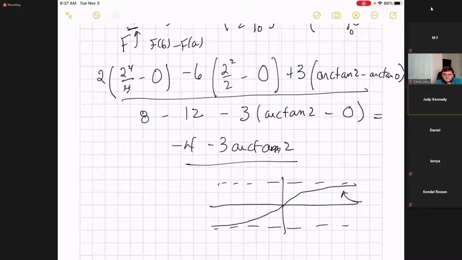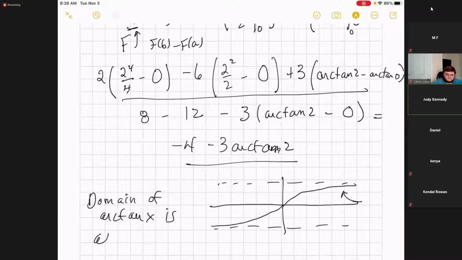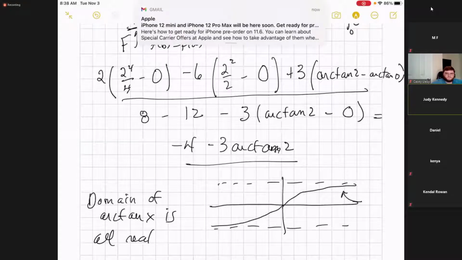The domain of the arctangent function is all, let me write it, all the reals. Okay.